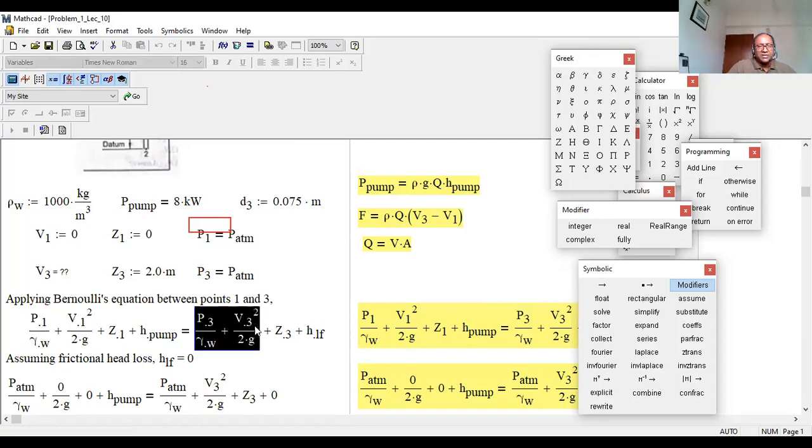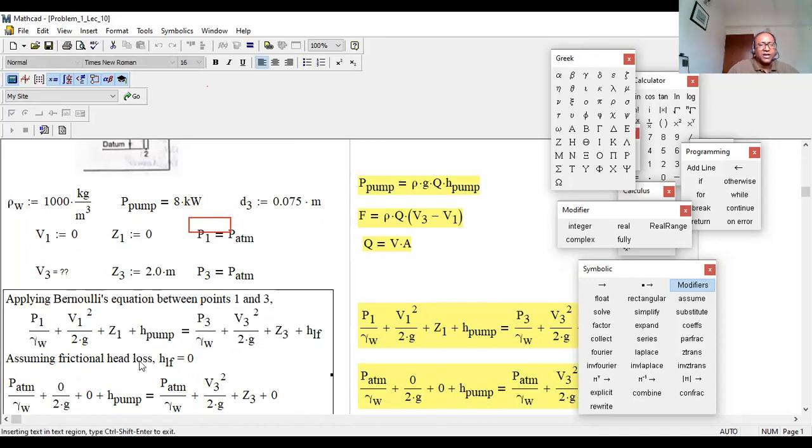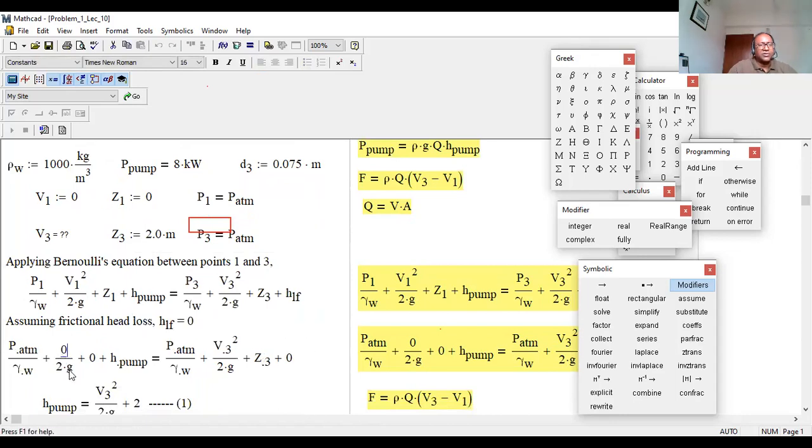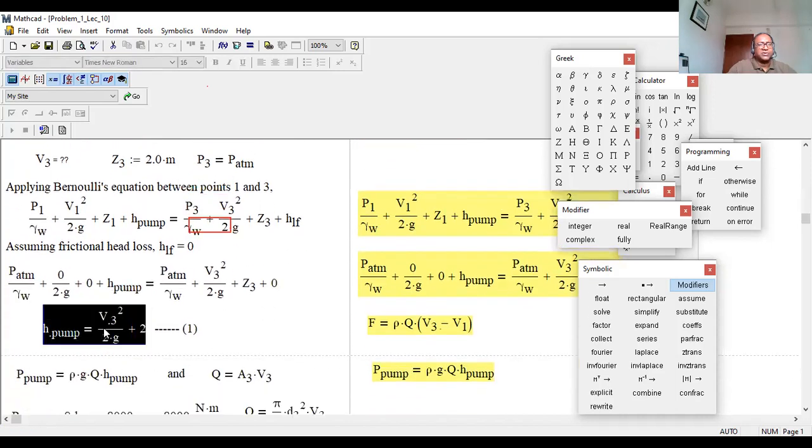Then with this much energy, it gets out from point 3. Now, you cannot figure out the frictional head loss here, because the length of the pipe is not given. So we assume that the frictional head loss equals 0. Then you put in all the data: V1 is 0, Z1 is 0, P is atmospheric pressure, and HLF equals 0. So you get this equation.